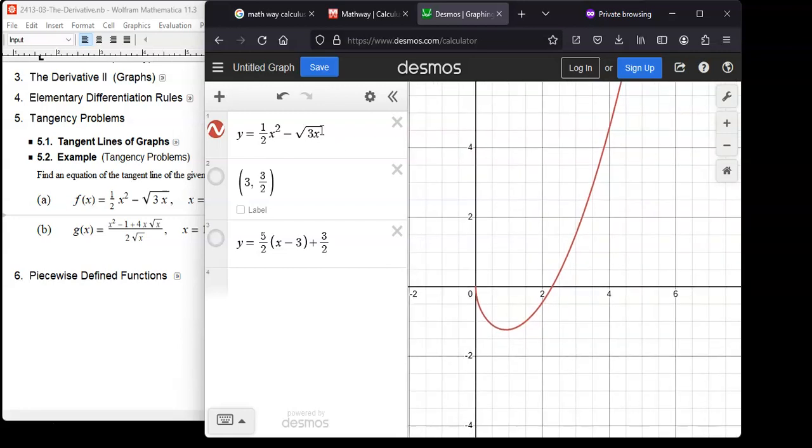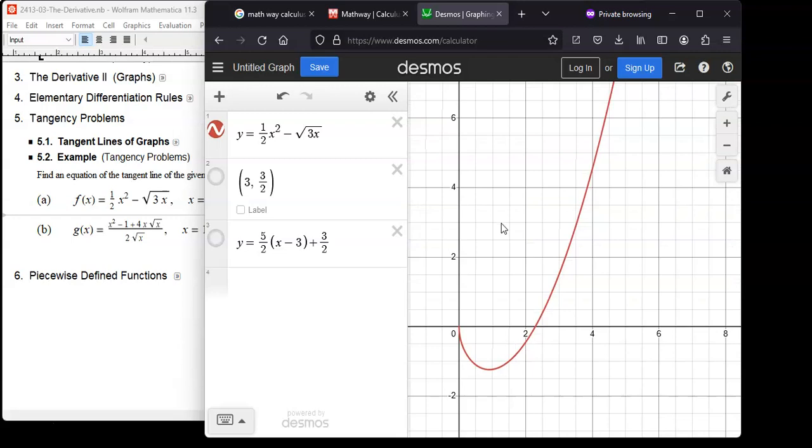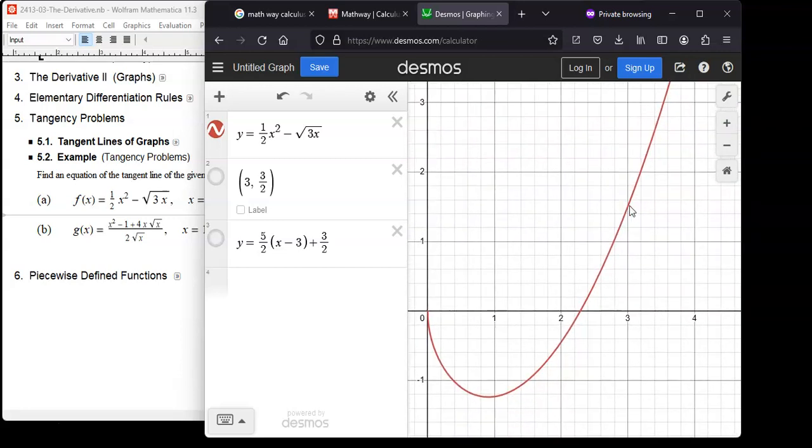We have a square root here, and x is inside, so I don't have anything when x is negative. The domain is x greater than or equal to 0. x equal to 3 is right here, about 1.5, and indeed (3, 3/2) is the point that I'm interested in.